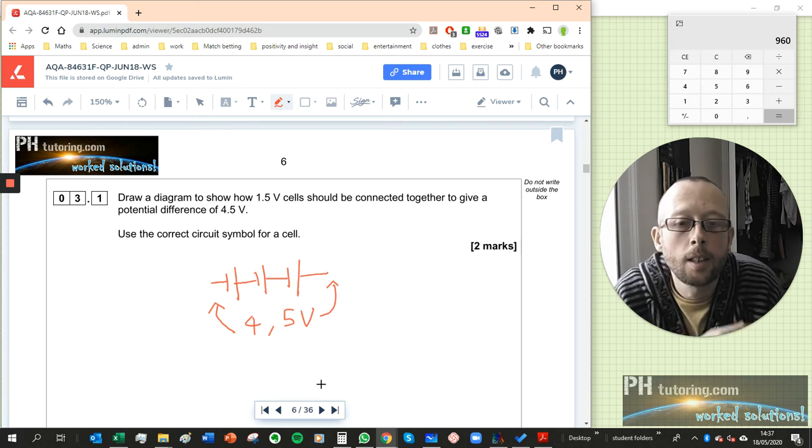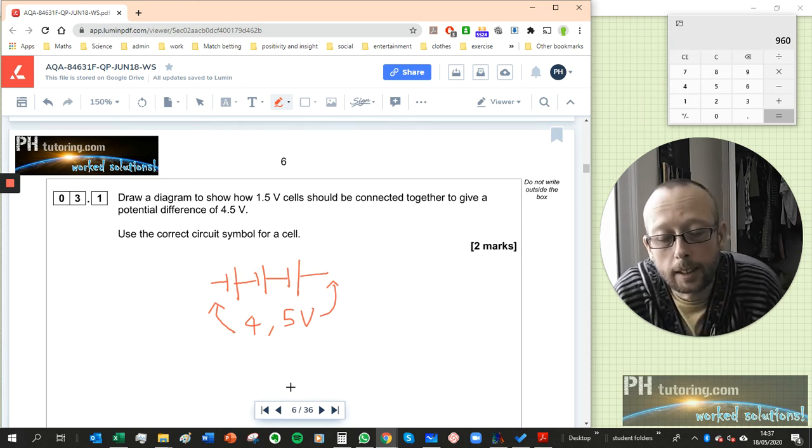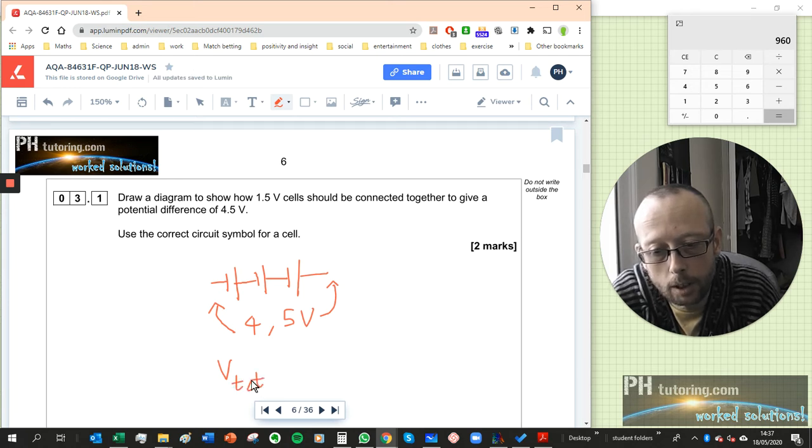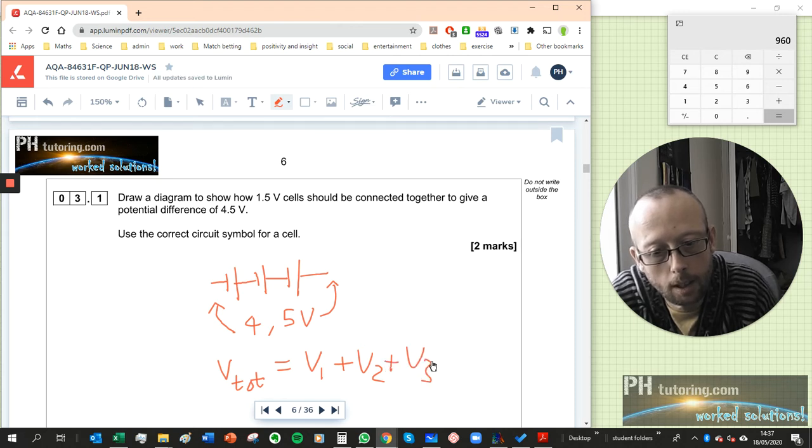All right. So basically, what I've used there is I've said that the total voltage V is equal to V1 plus V2 plus V3, and if I had a fourth one, it would be plus V4.